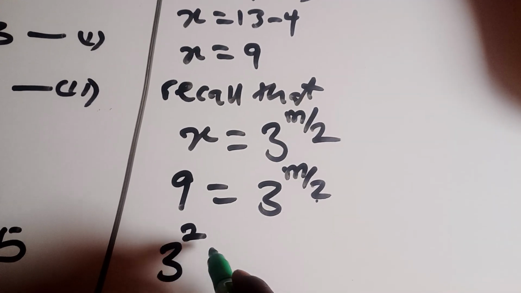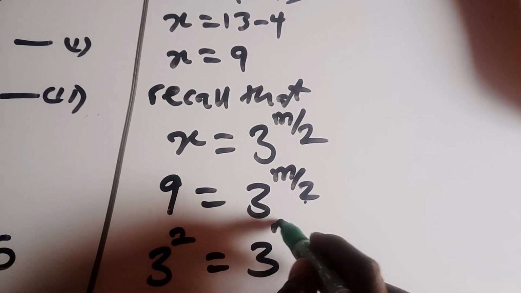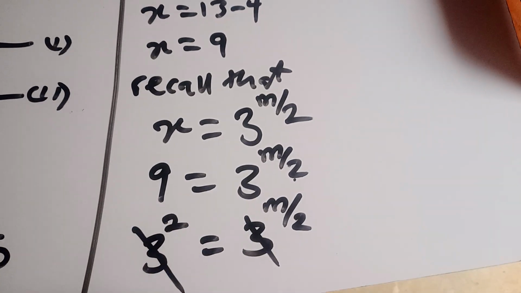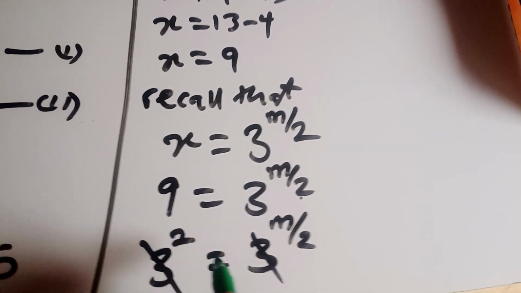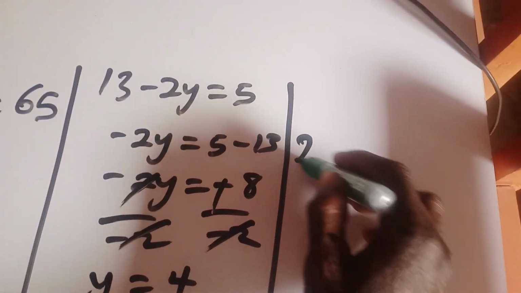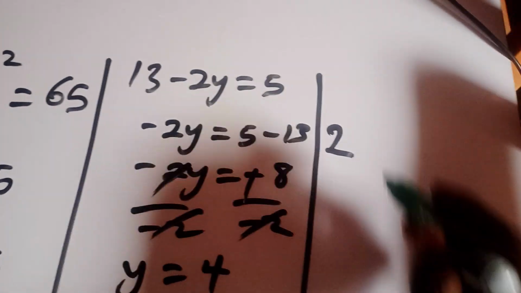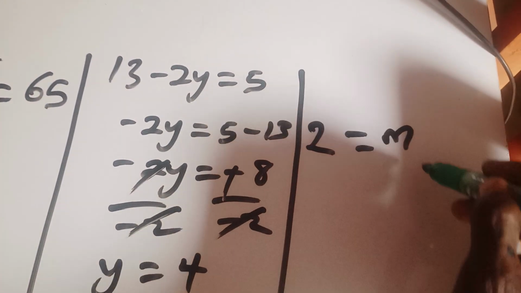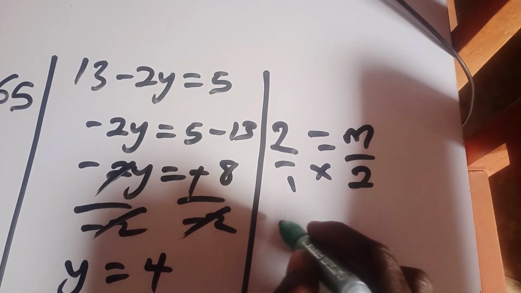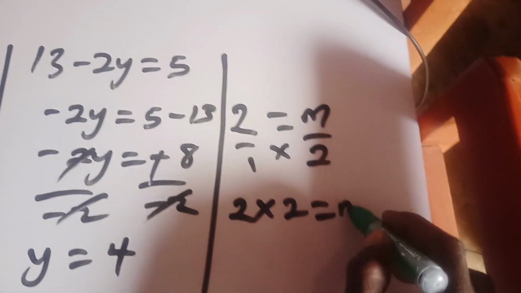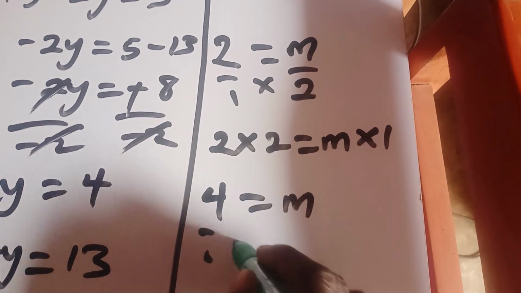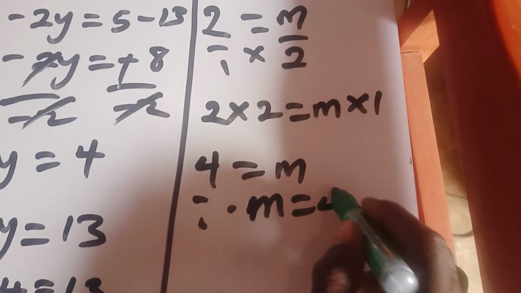So 3 raised to power 2 will now be equal to 3 raised to power m divided by 2. They have the same base, so I can easily cancel out these 3. Once I cancel out these 3, I'll be having 2 is equal to m over 2. If I do my cross multiplication, I'll be having 2 times 2 is equal to m times 1. So 4 is equal to m, that is m is equal to 4.